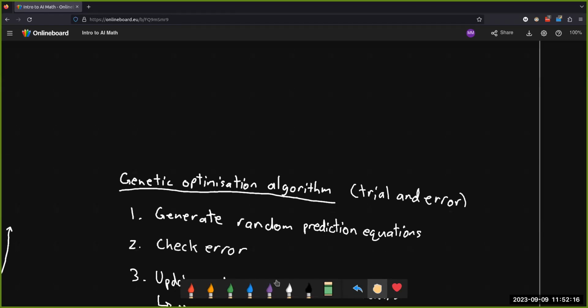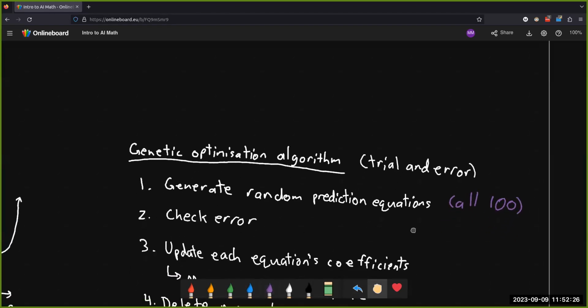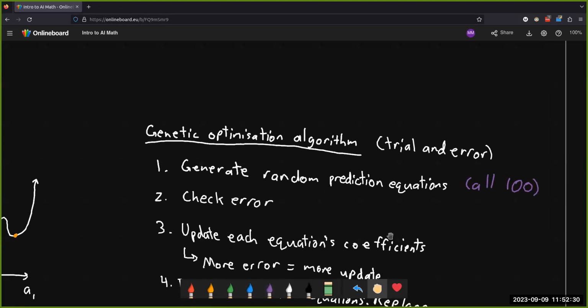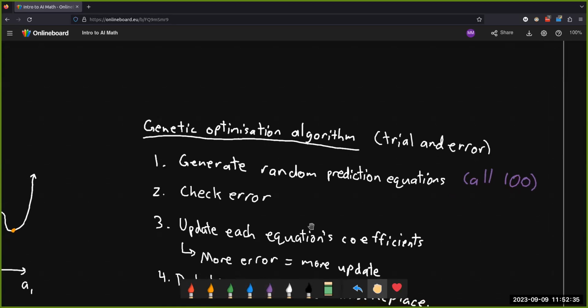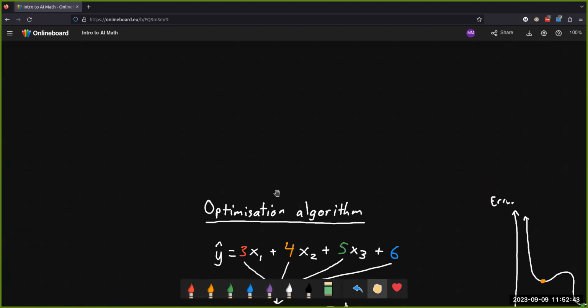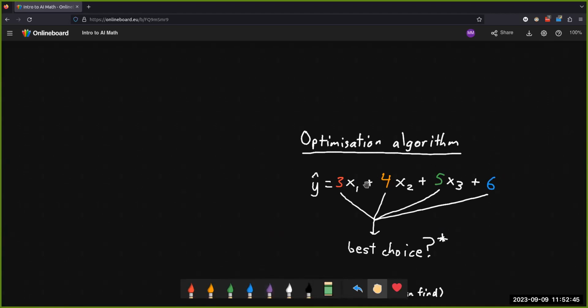After we know, for all 100 equations, what is the error? Some are doing very well. They have low errors. Some are doing very badly. They have high errors. We're going to update each equation. So this is like our random mutations coming in. So the equations that are doing worse, they have a very high error. We're going to update them more. So let's say this equation was doing very poorly.